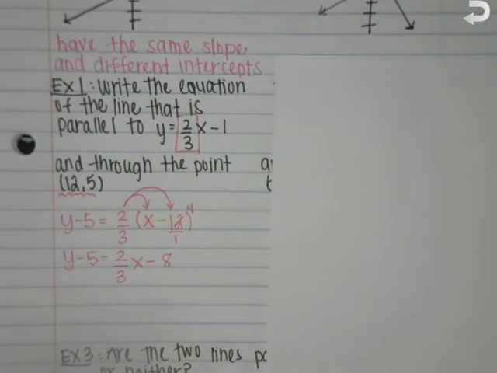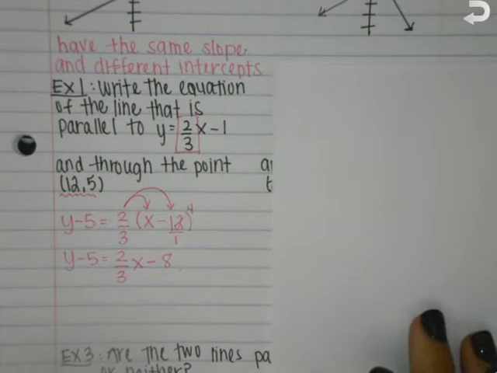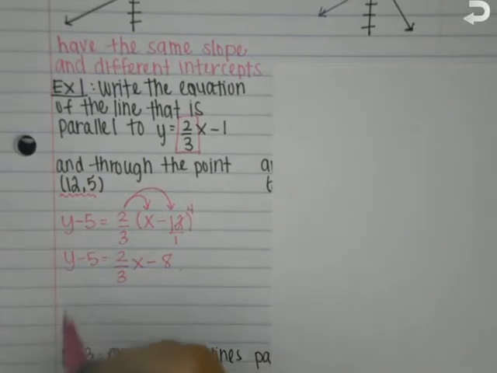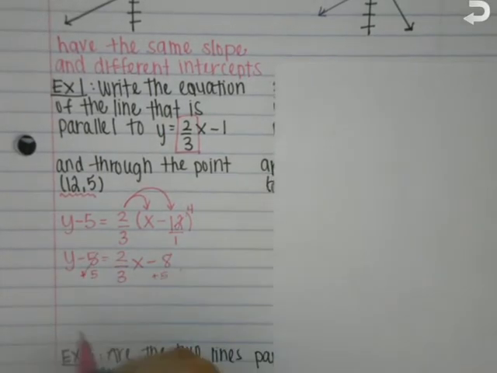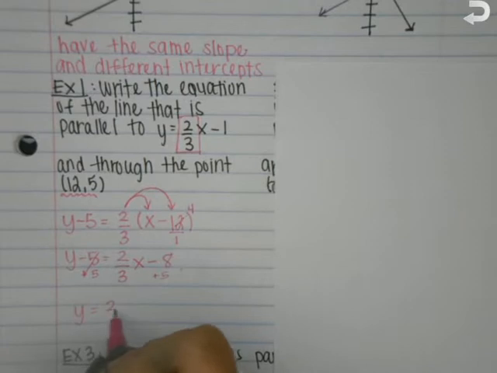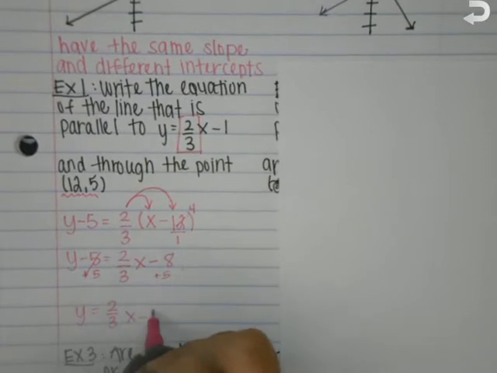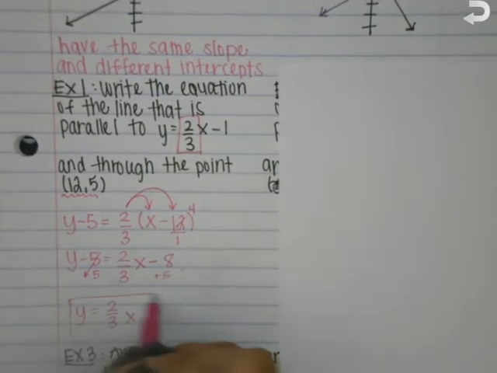You also could have multiplied it out, 24 over 3, but that reduces to 8. I'm not quite in slope-intercept form yet. The last thing I have to do, add 5 to both sides. So we get y equals 2/3 x minus 3. Done.